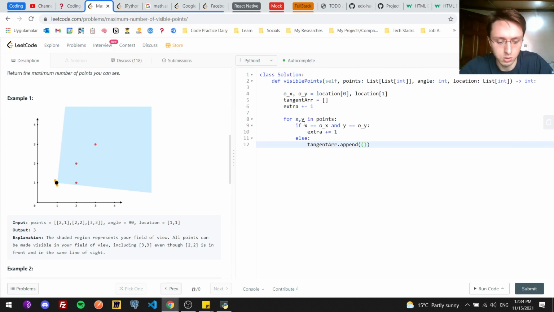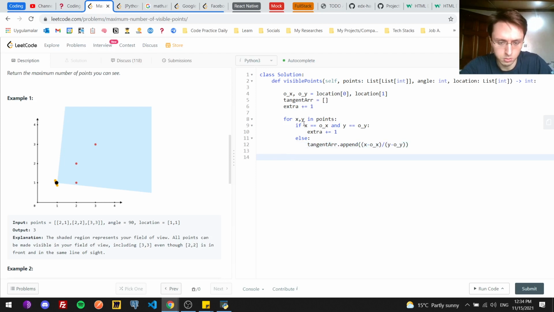So here it should be x minus origin x divided by y minus origin y. Okay, and then we just have to count it, so we don't have to do it like this.